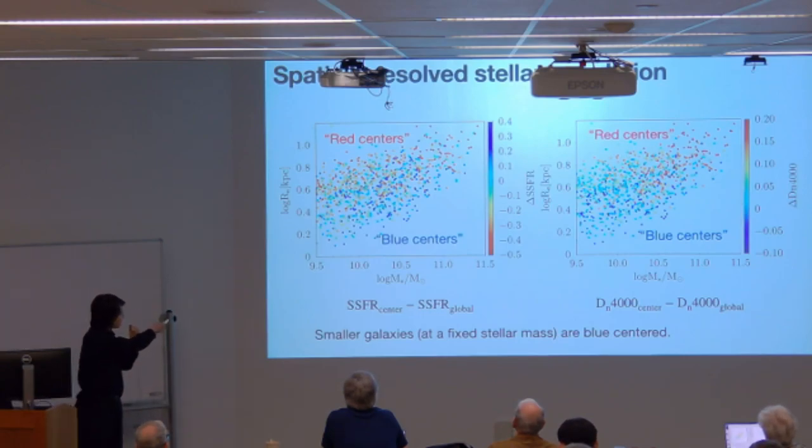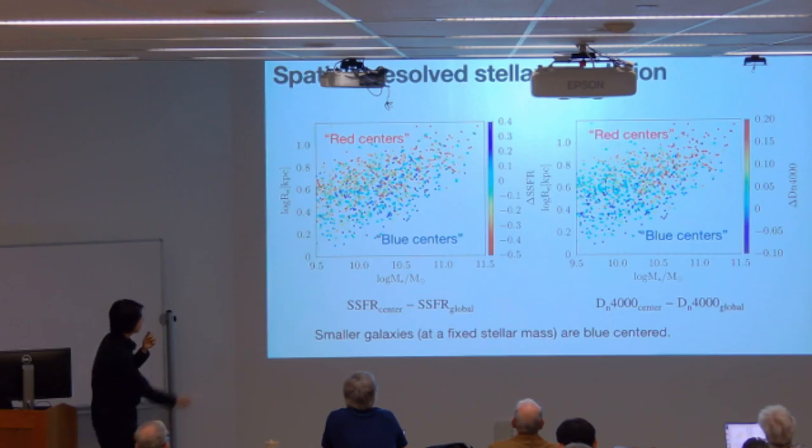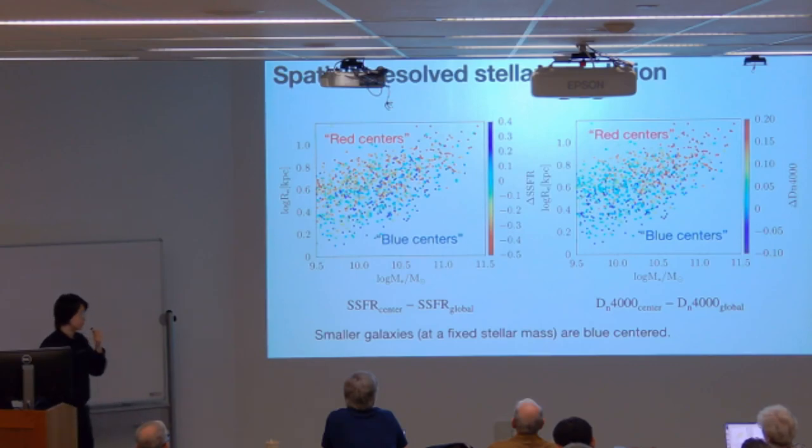The left-hand side is the difference between central and global specific star formation rate, and the right-hand side is the difference for D4000. The color bars are inverted to be more consistent. The blue colors mean there is more specific star formation rate in the center, which means the galaxies have blue centers.